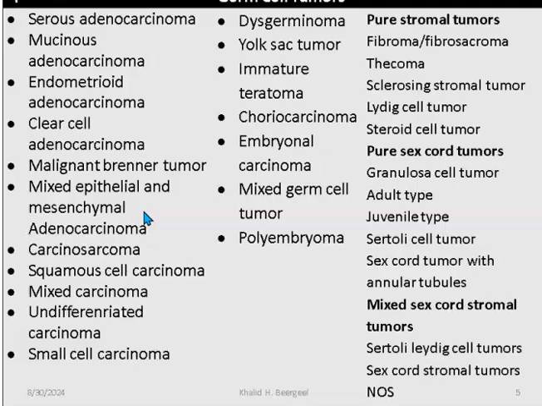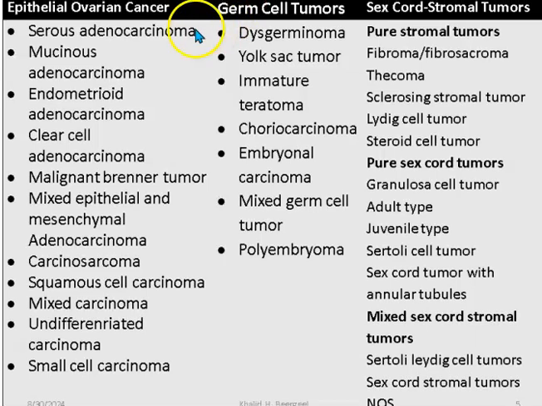The malignant ovarian tumors have different classifications, but this one is the WHO classification, in which the 3 major classes are epithelial ovarian cancer, germ cell tumors, and sex-cord stromal tumors. The commonest is epithelial ovarian tumor.